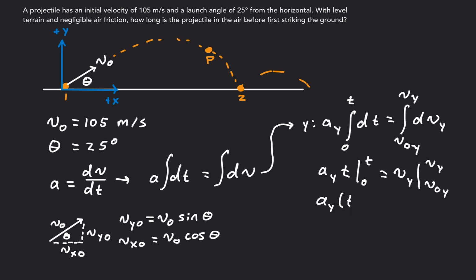Now if we perform this operation, we can solve for our time now. So t is going to be equal to vy minus v naught y divided by ay.